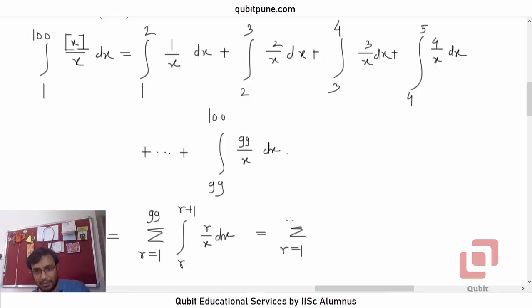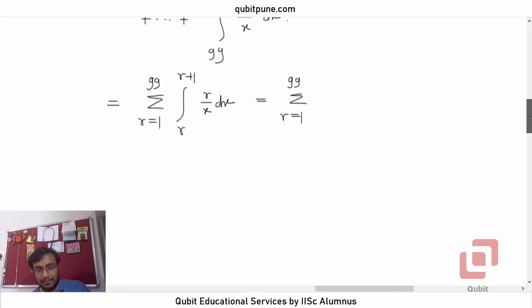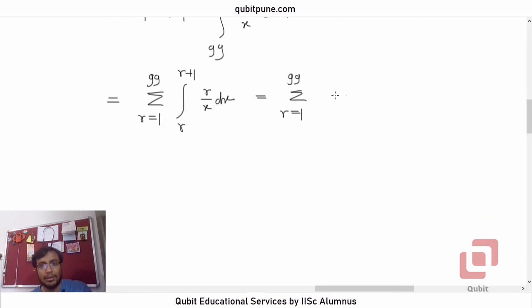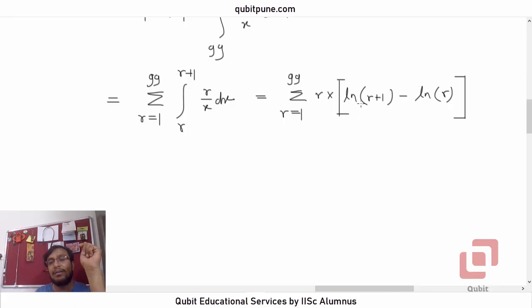So as summation, r goes from 1 to 99, let's take r here. Integral of 1 upon x is log x, so it will be ln(r+1) minus ln r. Now here is the main step. Usually we would prefer combining ln(r+1) and ln r and writing it as ln((r+1)/r).